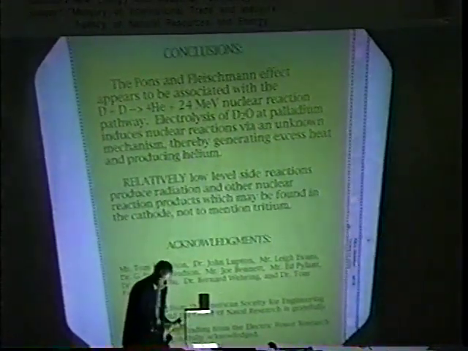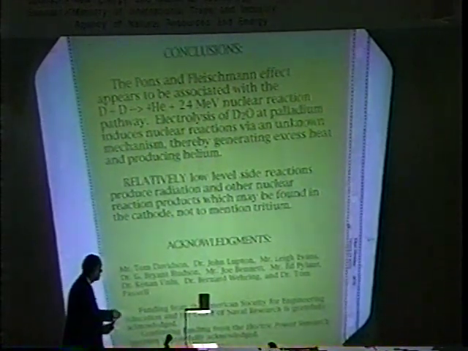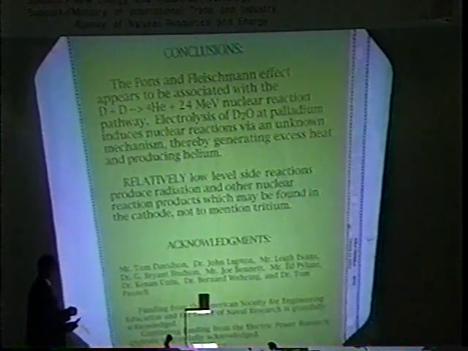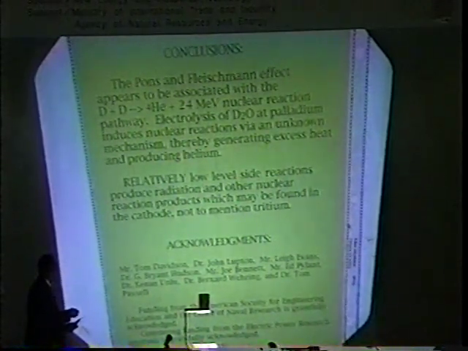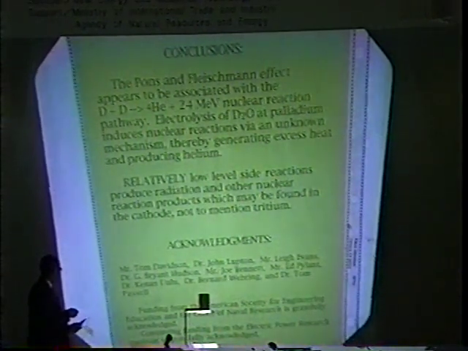And then finally, his conclusions. He believes this is the reaction, and they're planning on looking at side reactions where it produces radiation and neutron activation products in the cathode.